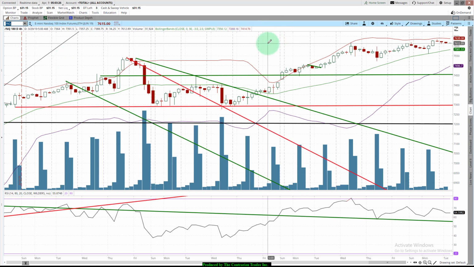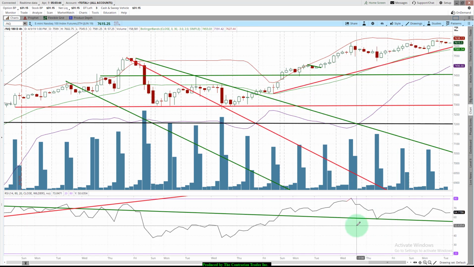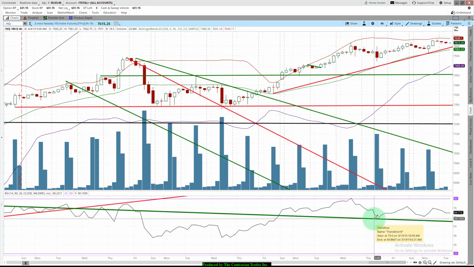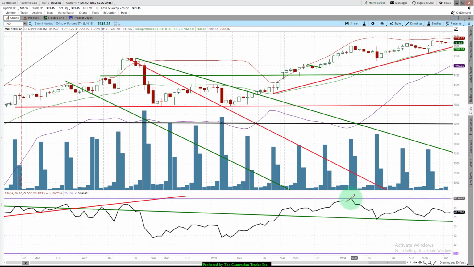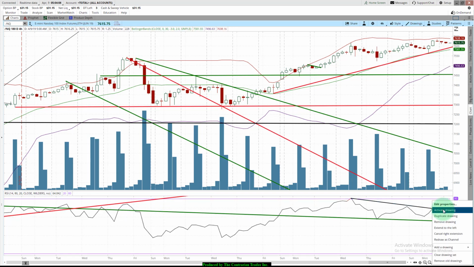The NASDAQ, very similar in terms of stair-stepping higher. The trend is clearly still up on a 4-hour chart. Now you're seeing the same thing here. While we are pressing higher on the NASDAQ, you're seeing lower highs on the RSI.